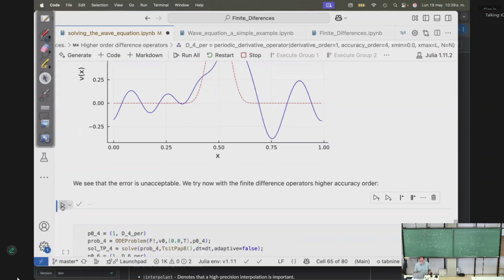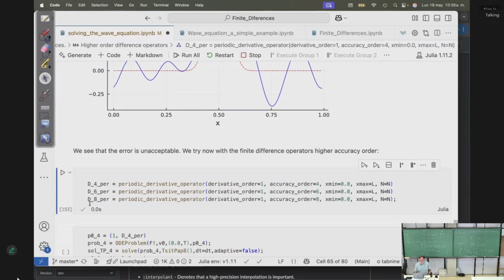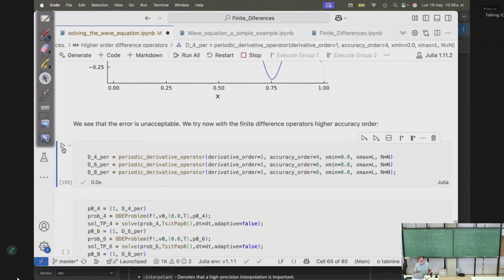Okay. I define derivative operators of higher order. The same as before, periodic derivative operator, order 1, and I put accuracy 4, 6, and 8. So now we have all the matrices for these operators.